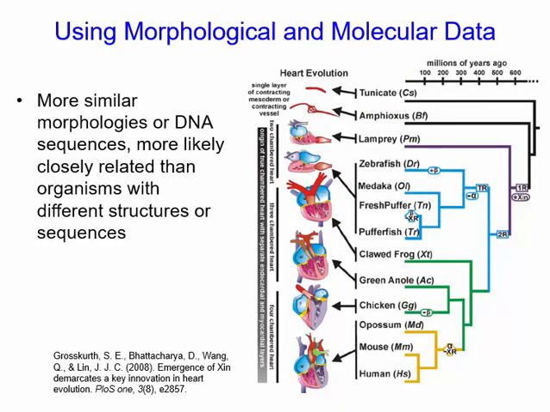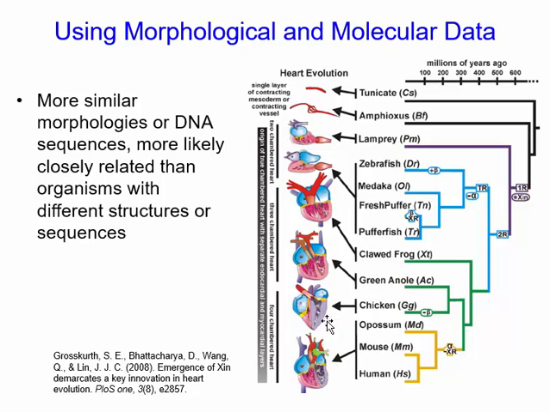Just generally, the more similar a stretch of genetic information is, or the more numerous the homologies are between morphological characteristics, the more likely organisms are to be closely related. And we can take an example here of heart structure in the context of heart evolution. If we look at, say, mammalian hearts, it's a four-chambered heart.